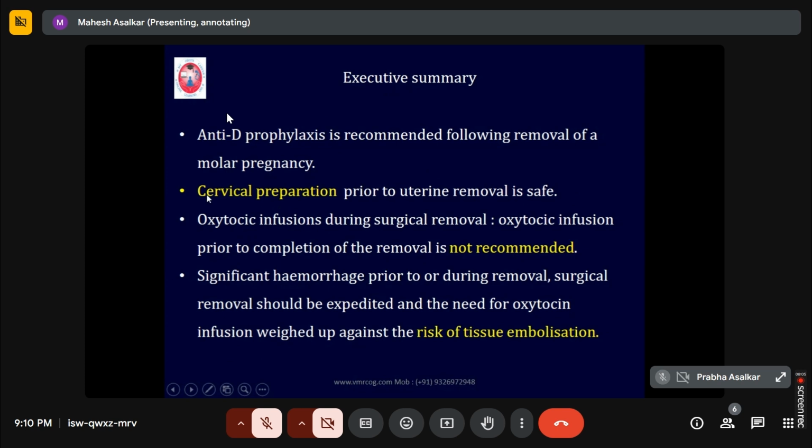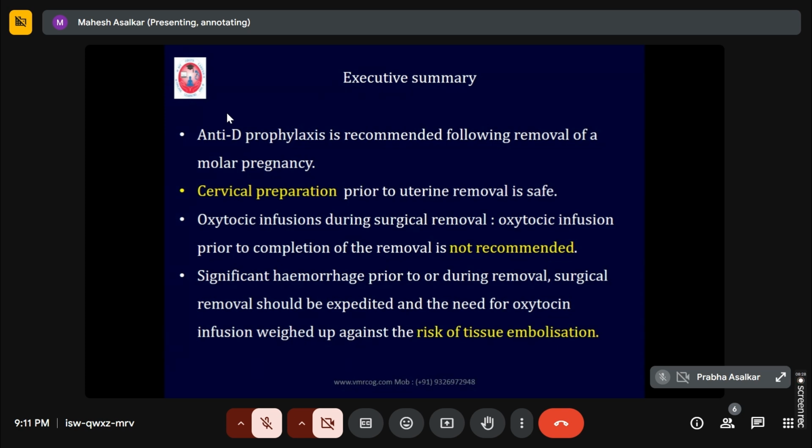Then what about oxytocin infusion? Olden people used to say that oxytocin should be started during the removal. But what the guideline says is that oxytocin infusion during surgical removal or prior to the completion of the removal is not recommended.